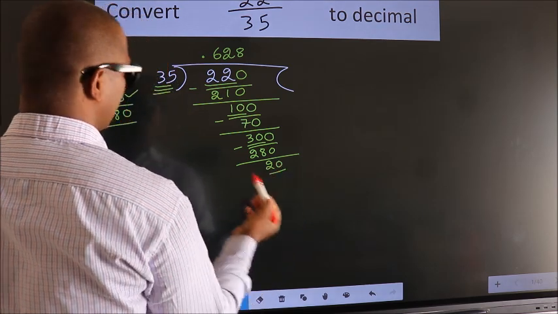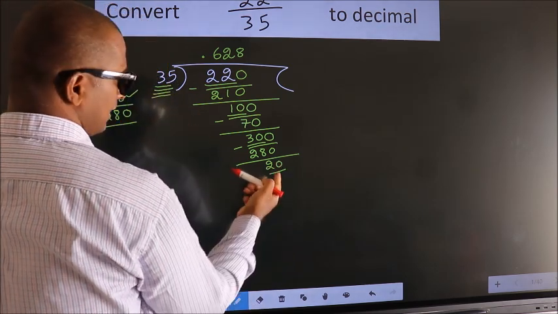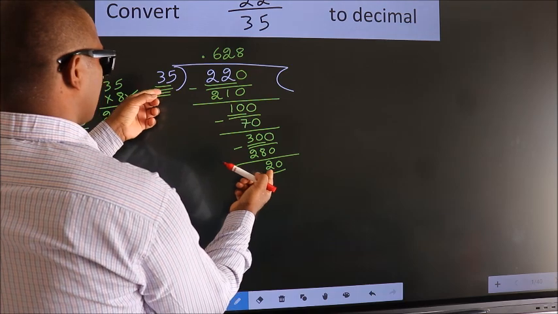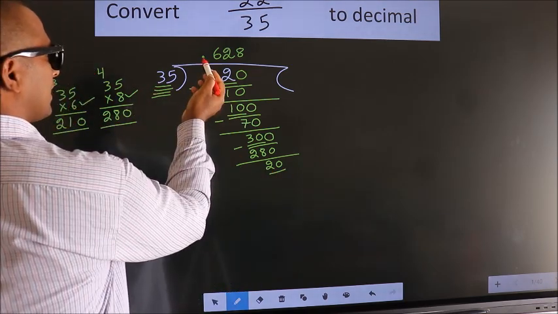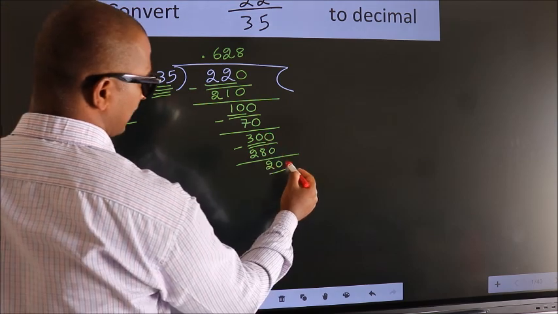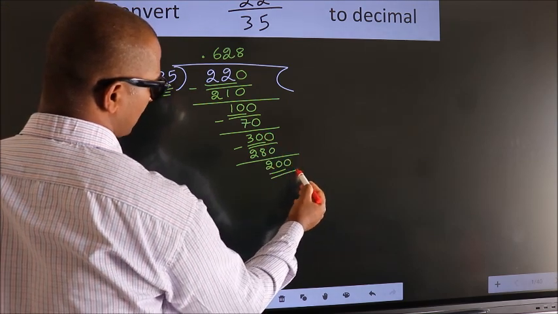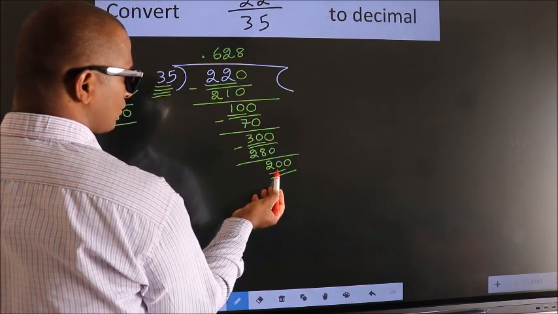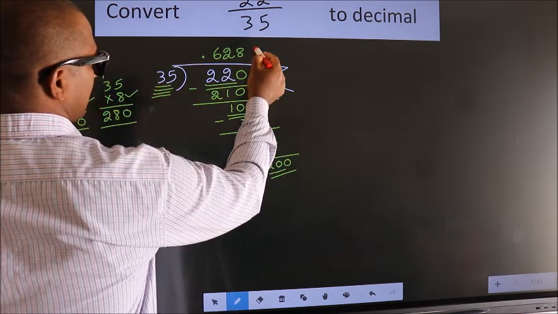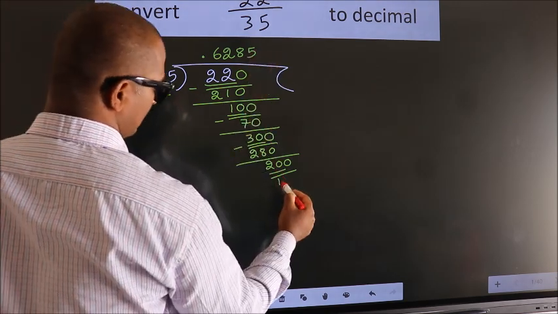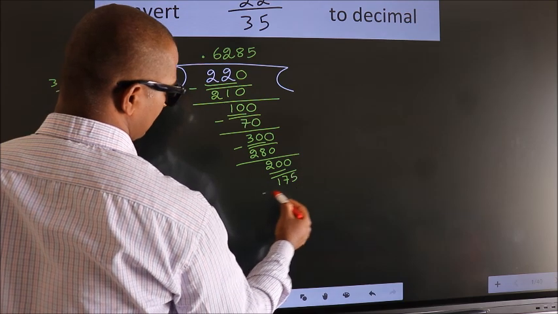Here we have 20, here 35. 20 is smaller than 35, and we already have the decimal, so we can directly take 0. So 200. A number close to 200 in the 35 table is 35 5s, 175.